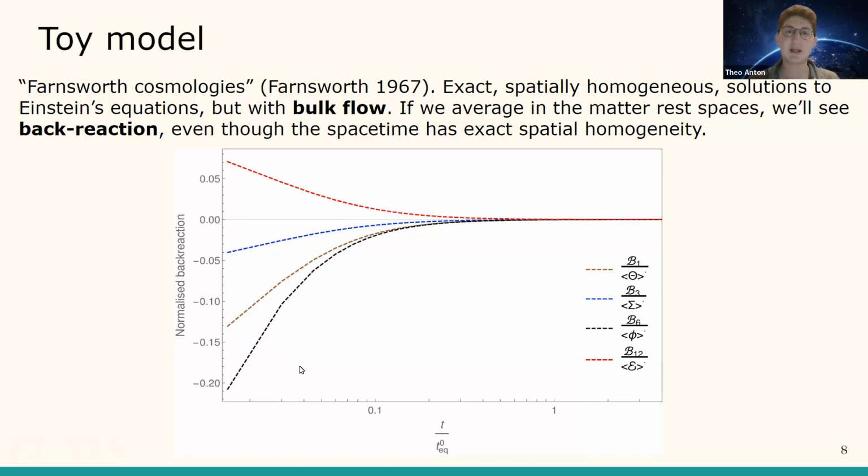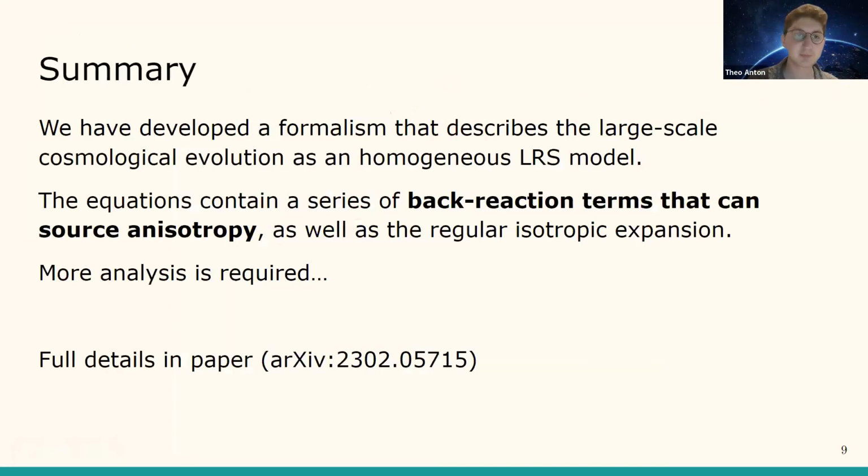And as that bulk flow decays away, we return to a pure Friedman-like universe. So in that case, we certainly wouldn't see anisotropization at late times. But as a first step, this is an important way of seeing how these effects work.